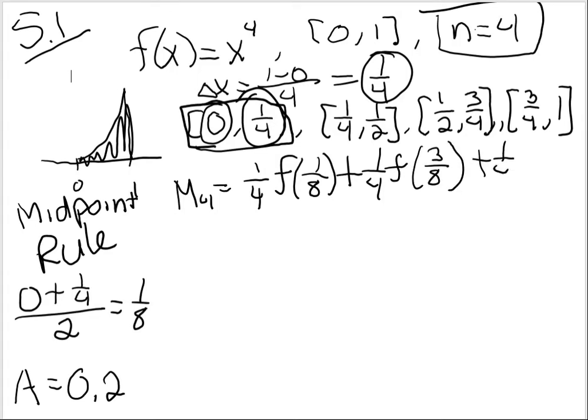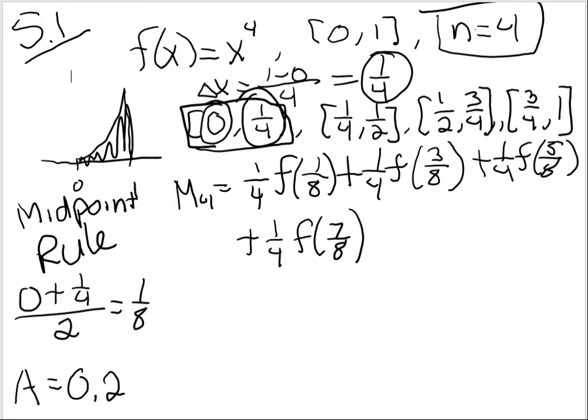And you continue down the line. This gives you a different approximation than we've been doing. It just requires this extra step of finding the midpoint of each of the intervals.